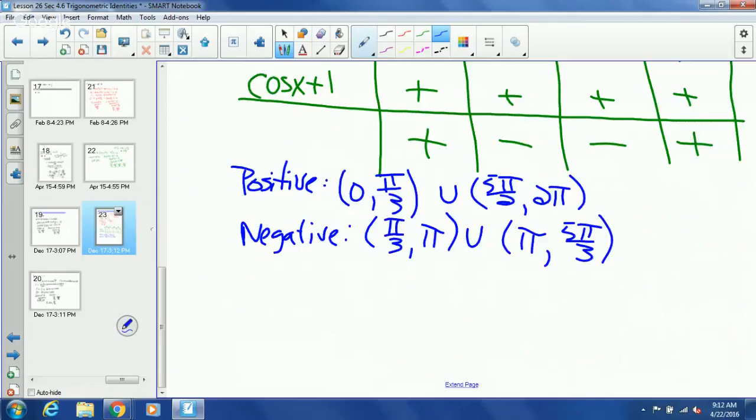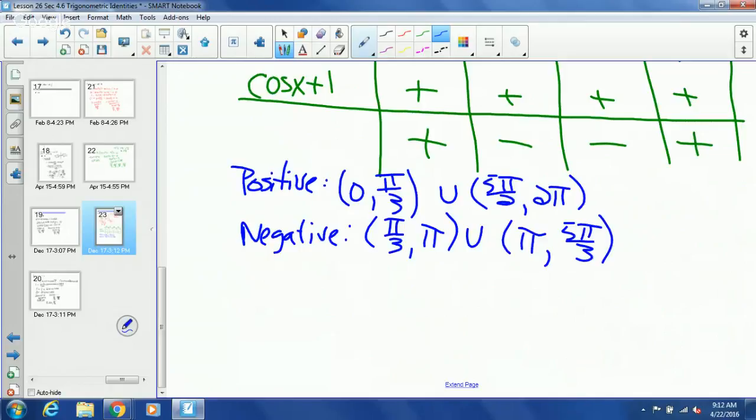So it's technically not positive or negative. If you wrote this in, you would get 0 for your function.